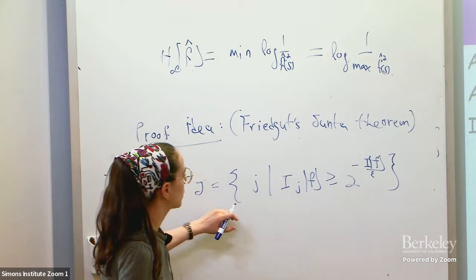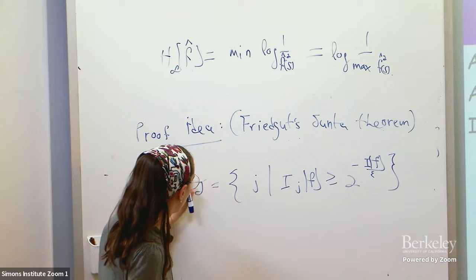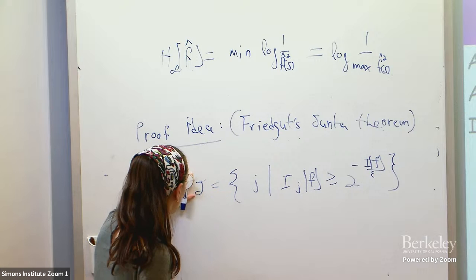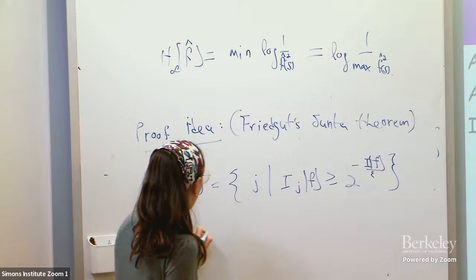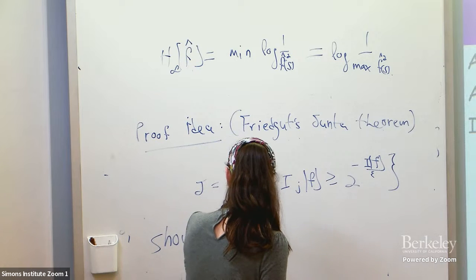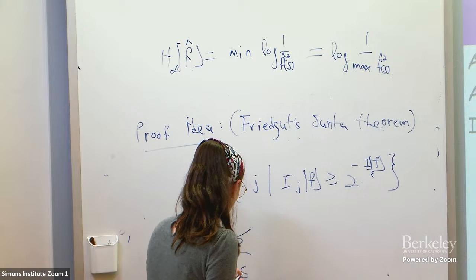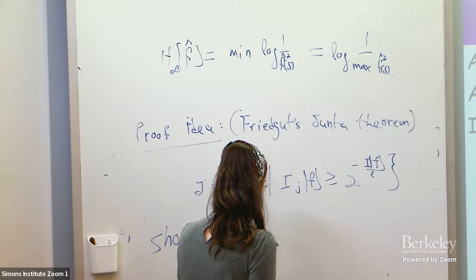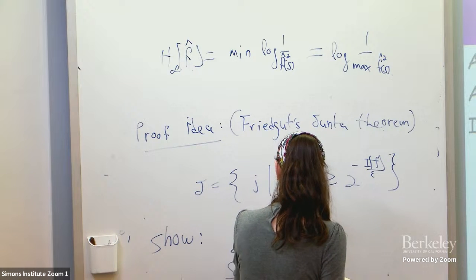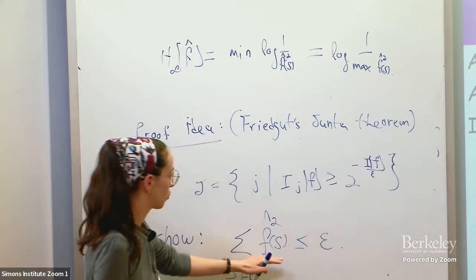Then we can take just the characters, the part of F, the characters of F that are contained in J, and show that the entire weight on characters that are not contained in J is at most epsilon. So we can just remove them.